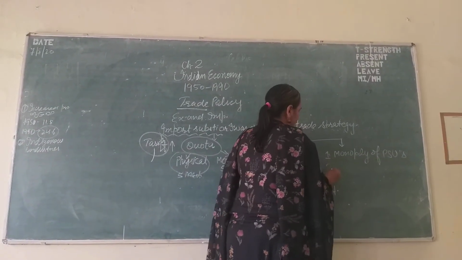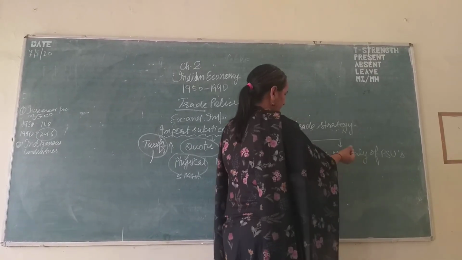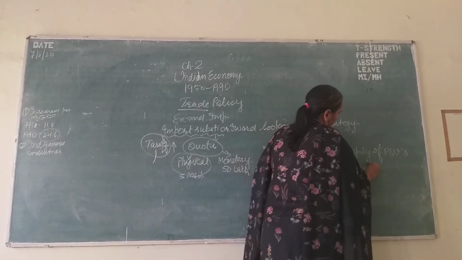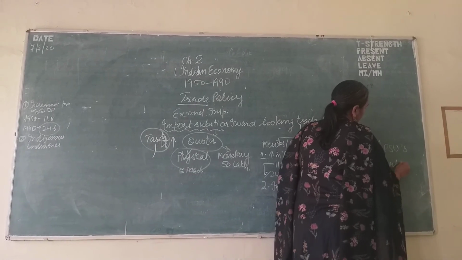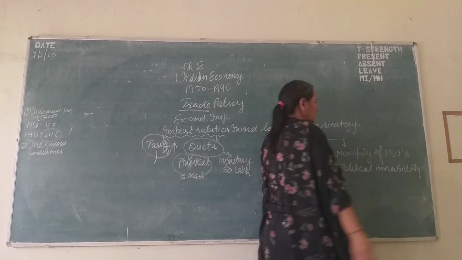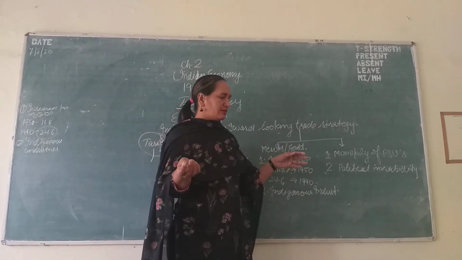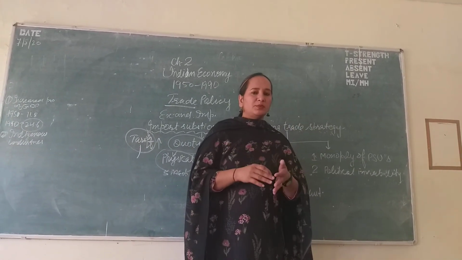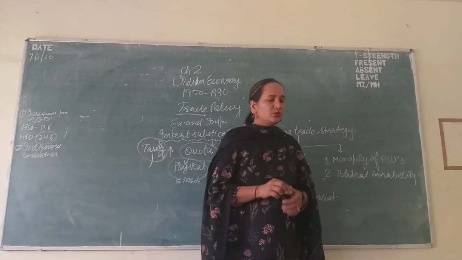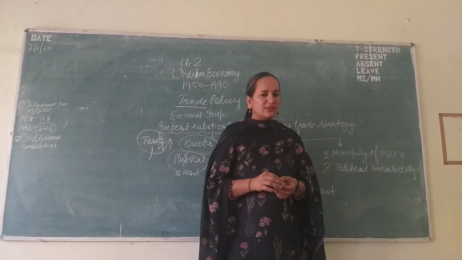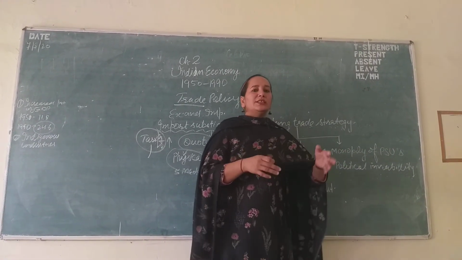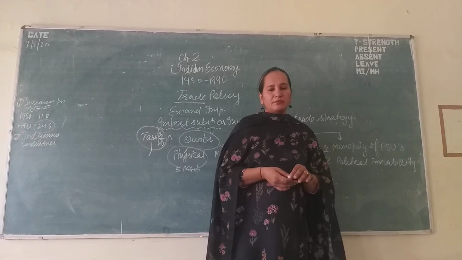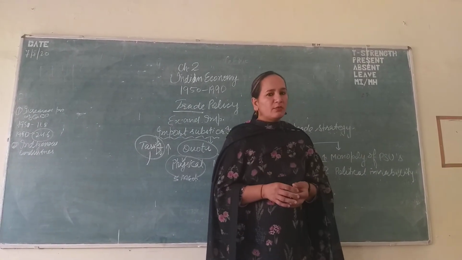Then the second drawback is political inviolability of public sector undertakings. Even the governments were aware that public sector undertakings, because of lack of competition, have become houses of pilferage and corruption, but no government has dared to do the disinvestment of these public sector undertakings or to sell out these dead and sick units to the private sector, because there was a political compulsion on them, because India has a democratic form of government.